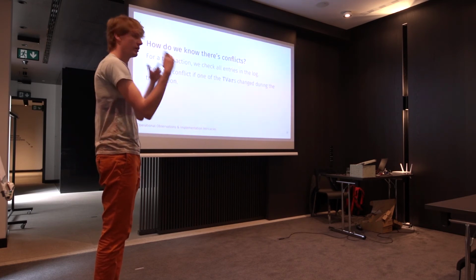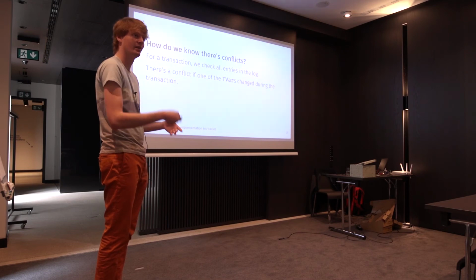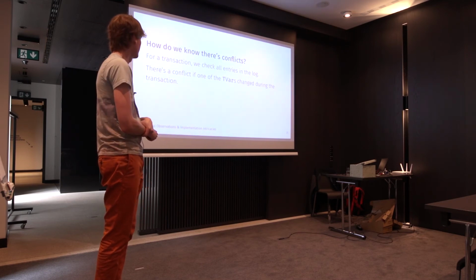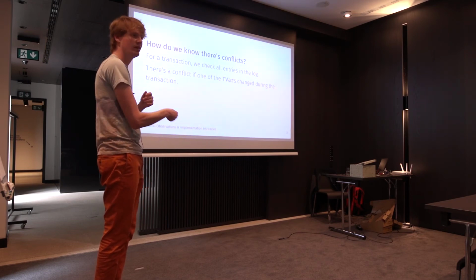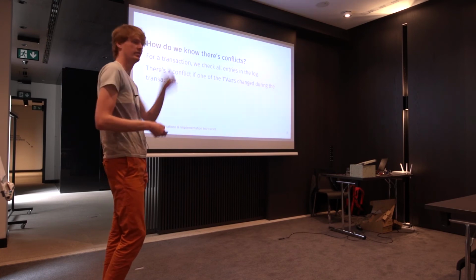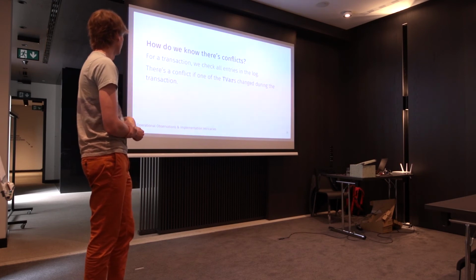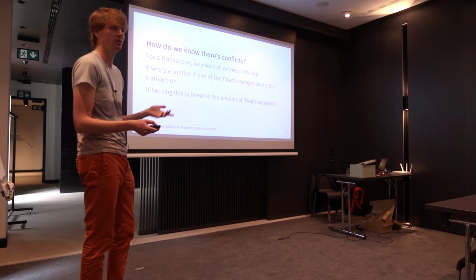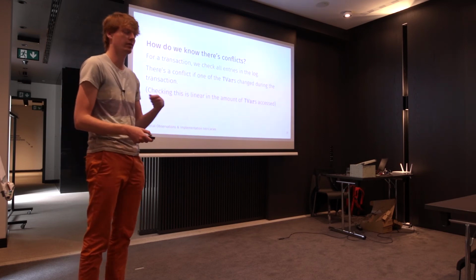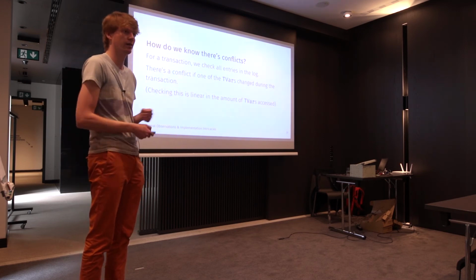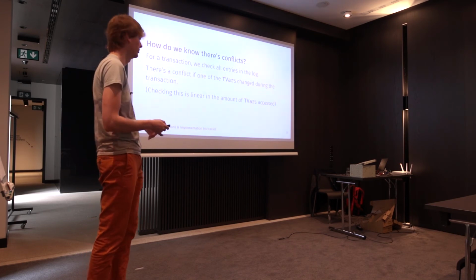So if we verify before we commit, we have the information to see if the TVAR changed during the transaction. This is linear in the amount of TVARs accessed, so the verify step at commit takes more time depending on how many TVARs there were.